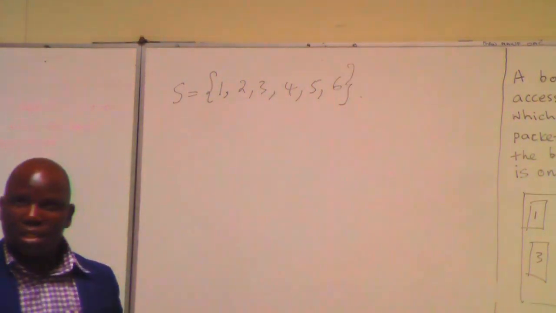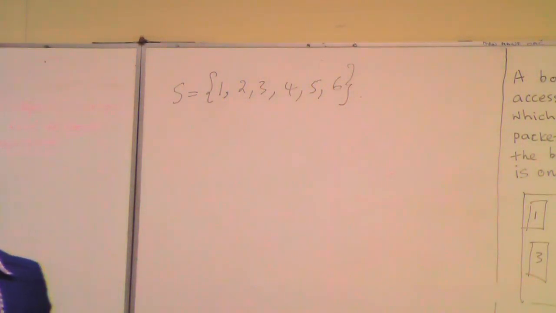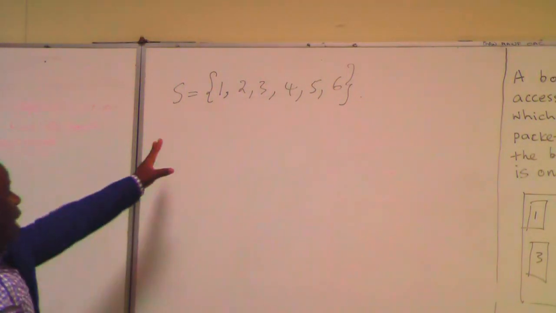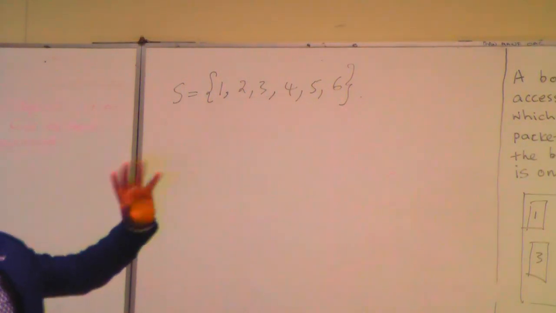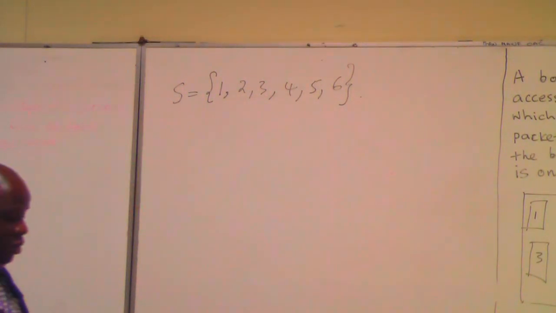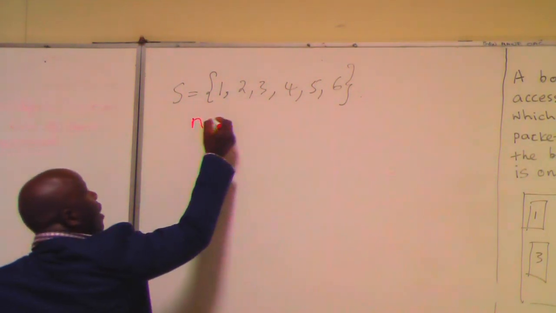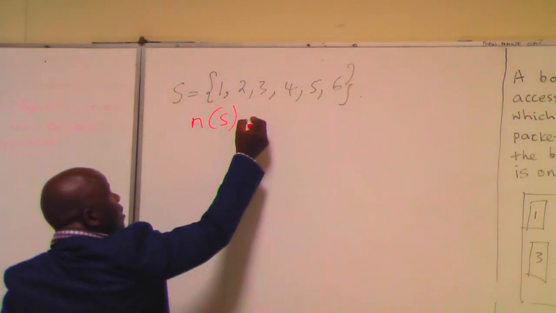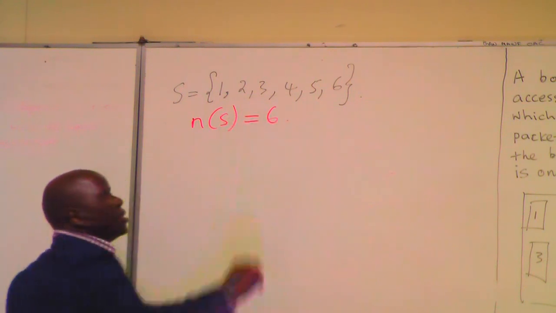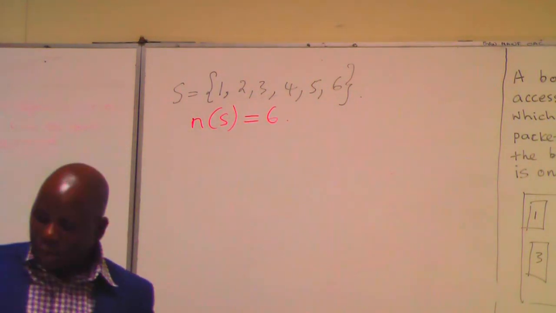It's either you pick a packet numbered 1, 2, 3, 4, 5, or 6. And I want you to take note that the number of elements, which we write as n(S), is equal to 6. We've got 6 possible outcomes.